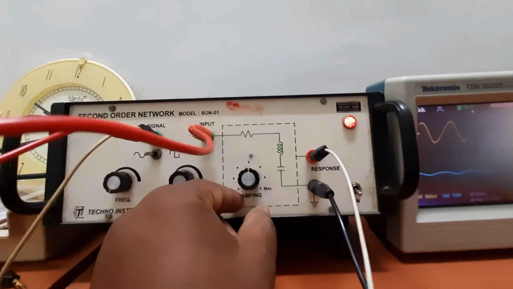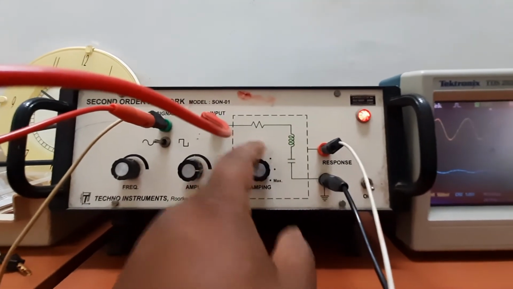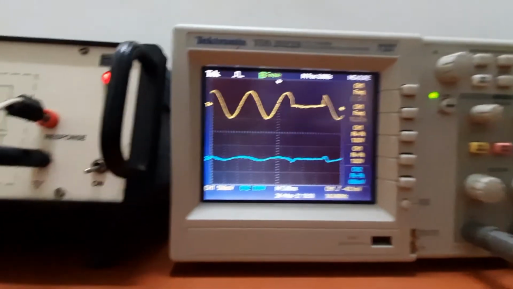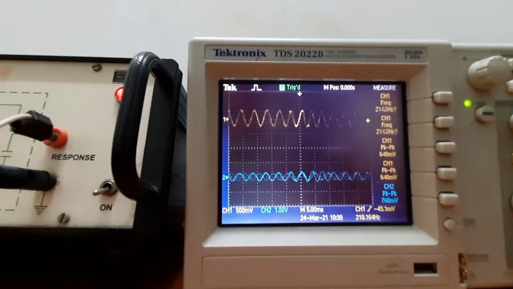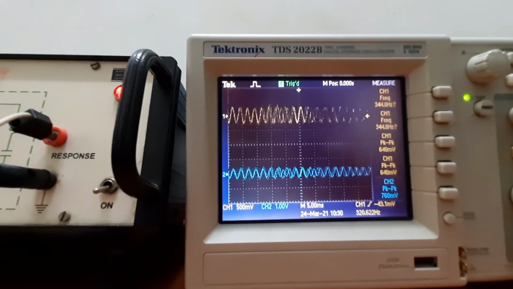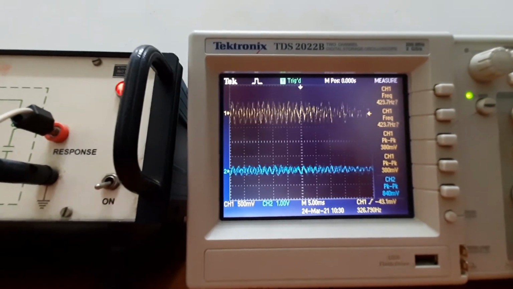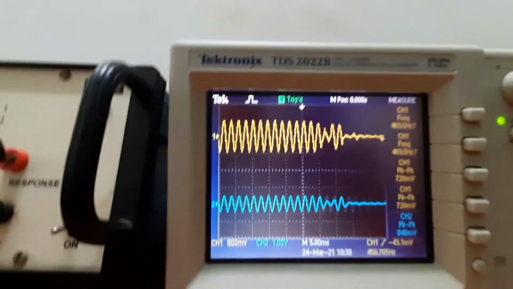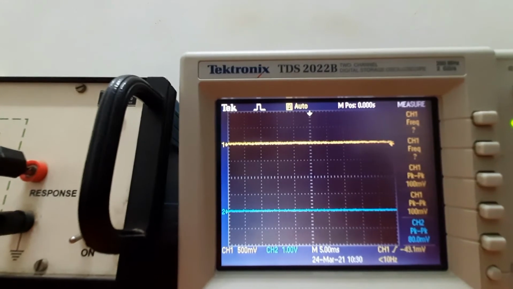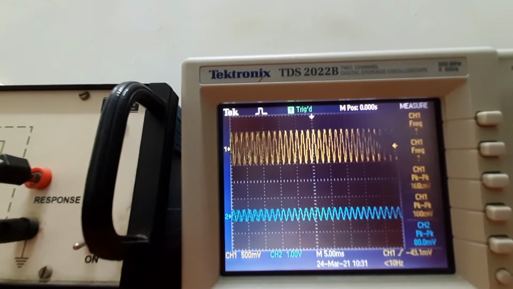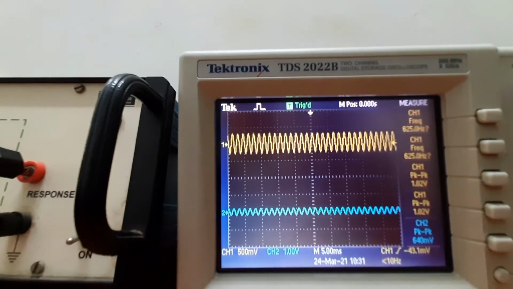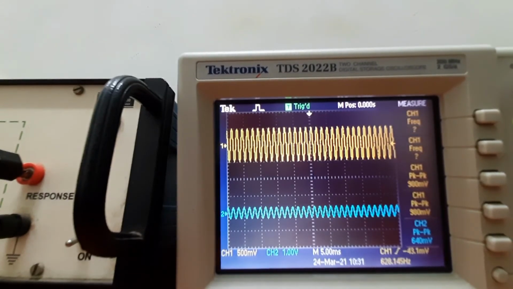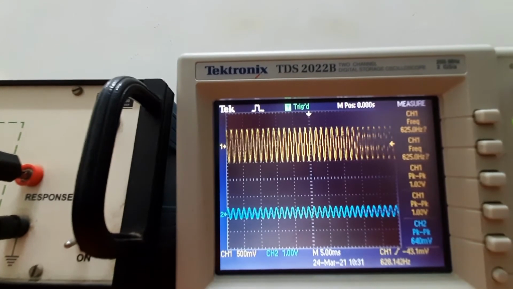Here I am keeping this damping setting at 1, 2, 3, 4, and I am changing the frequency, then its peak to peak voltage is also changing.